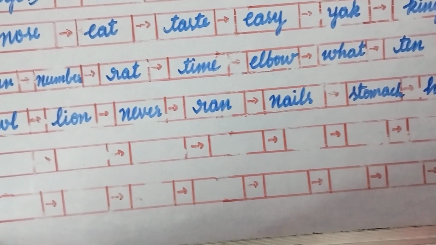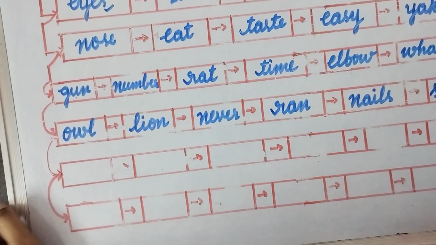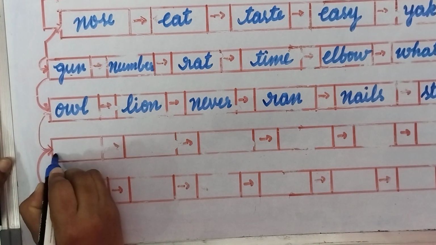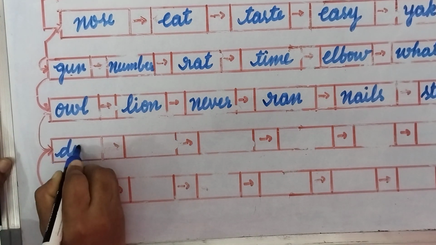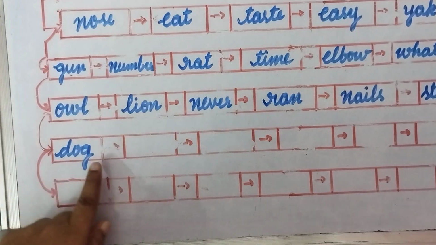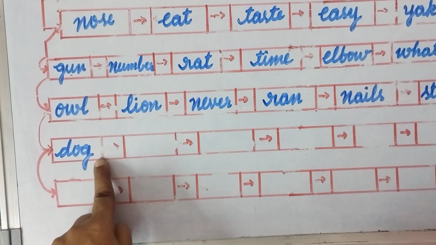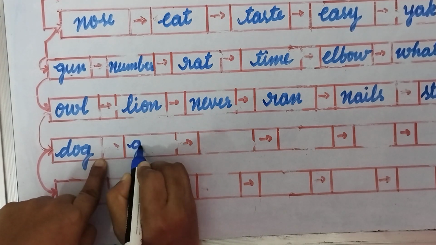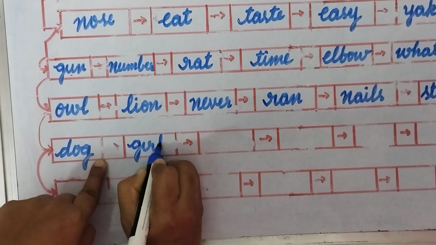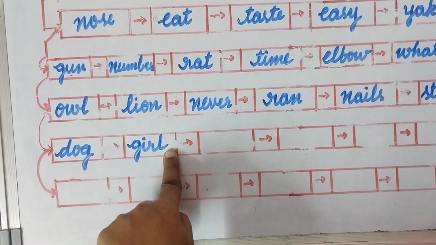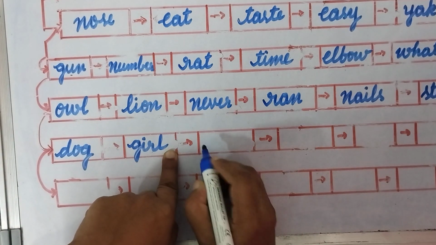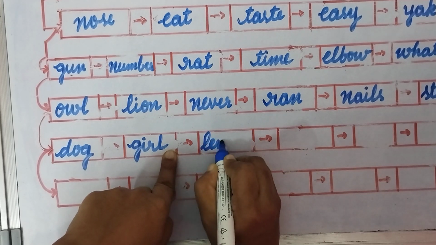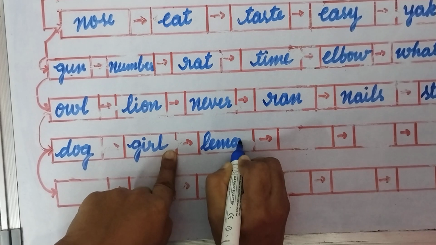The last letter of hand is D. D for dog, D-O-G, dog. Again G. G for girl, G-I-R-L, girl. Again L. L for lemon, L-E-M-O-N, lemon.